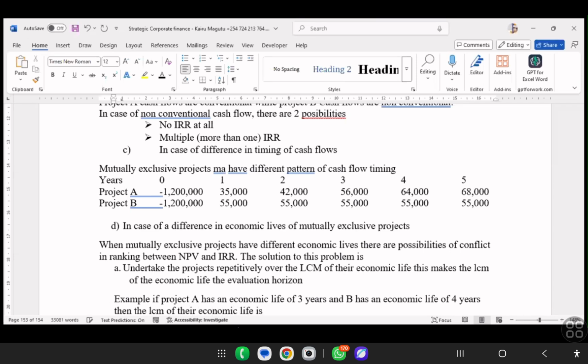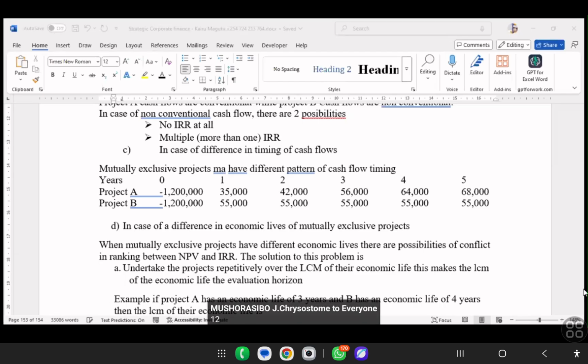what is the LCM of 3 and 4? Someone to help us. Lowest common multiple is the LCM.